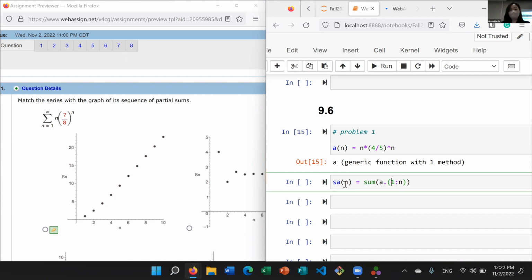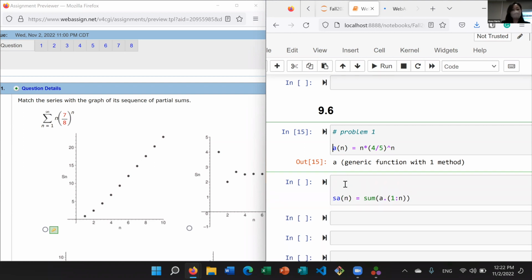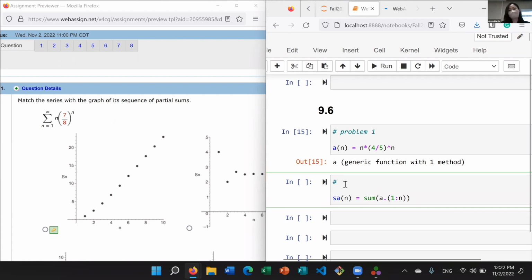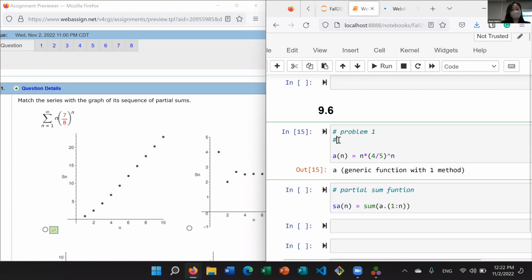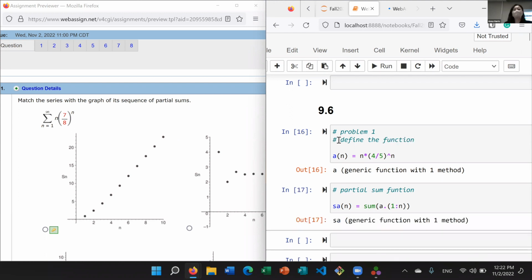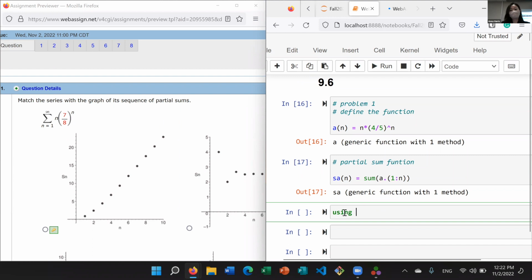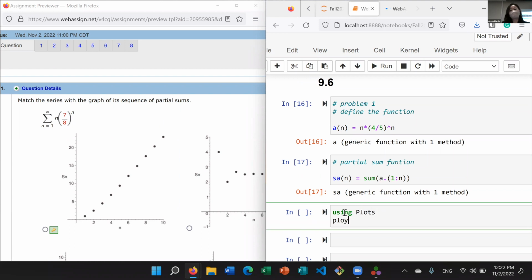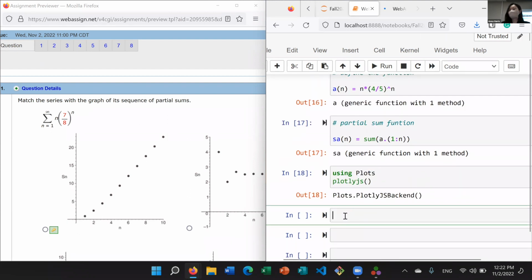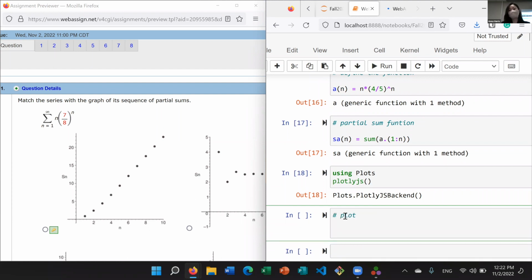This is your partial sum function, and this is how I'm defining my problem. Now we're going to graph. So, scatter.